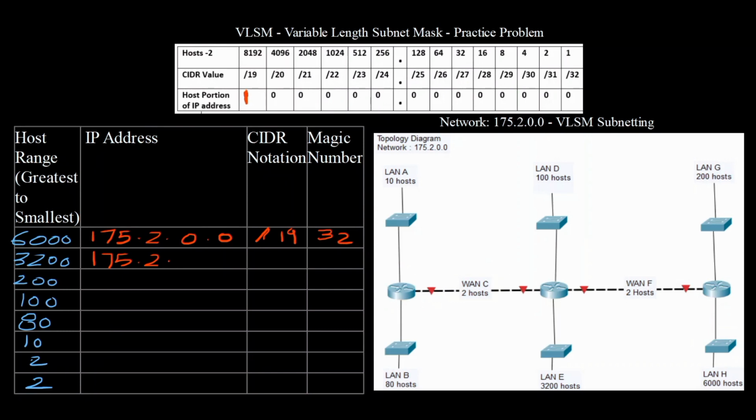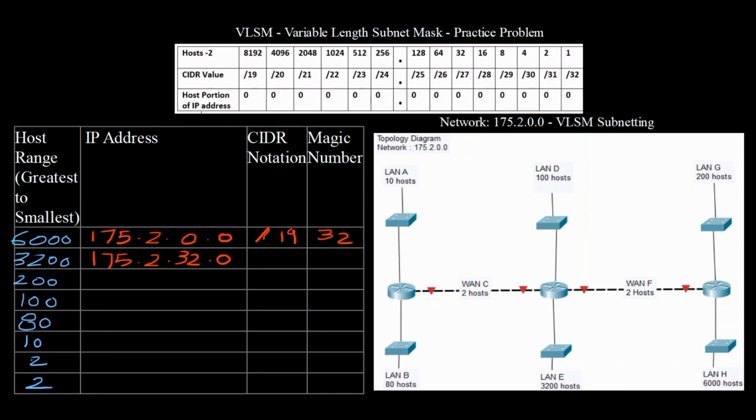So we're going to add 32 in the third octet, so 32.0. We're going to do the exact same steps as in step number 1, continuing with exactly the same idea.